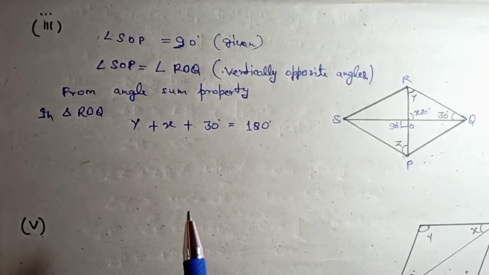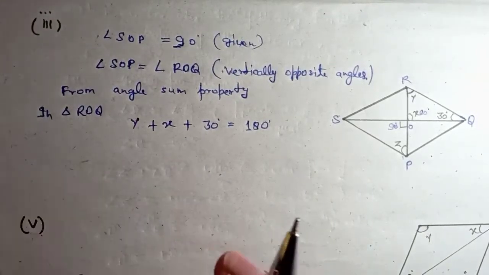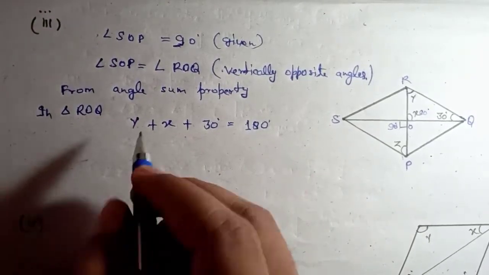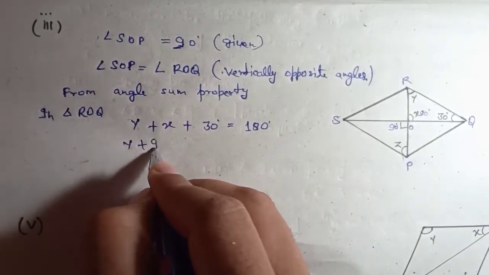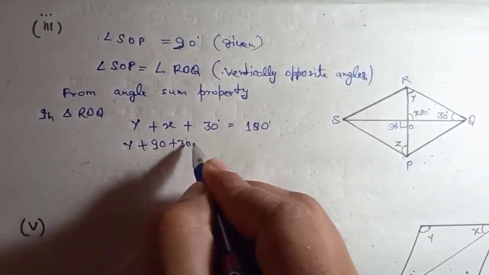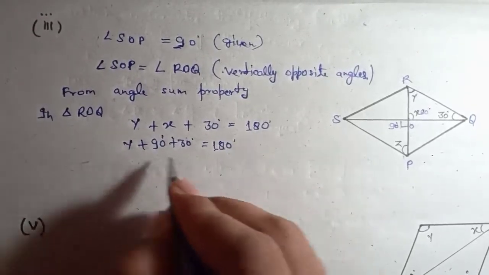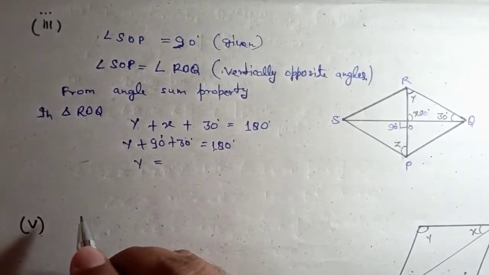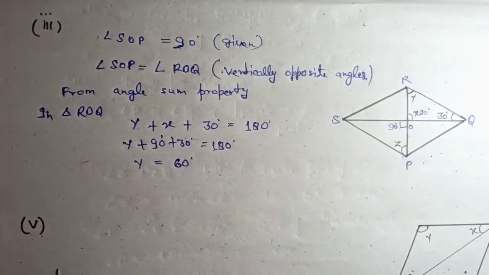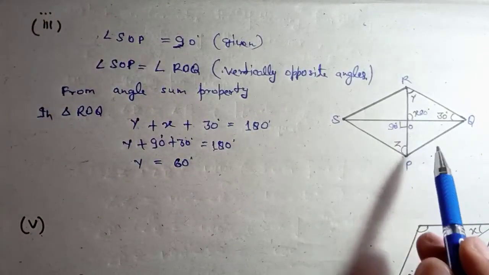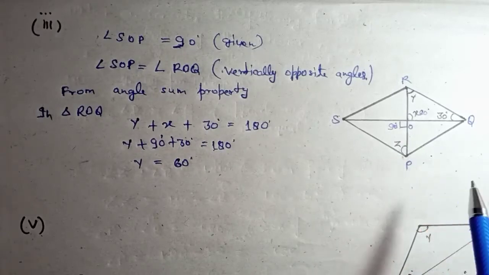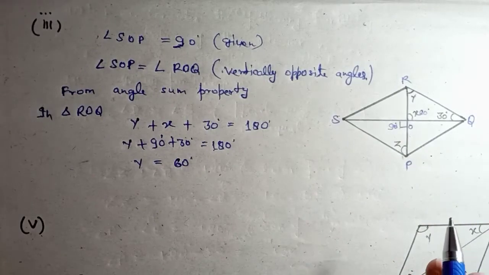Now calculate the value of Y from here, because the value of X is known now. So Y plus 90 plus 30 is equal to 180 degrees. So the value of Y is what? 60 degrees.